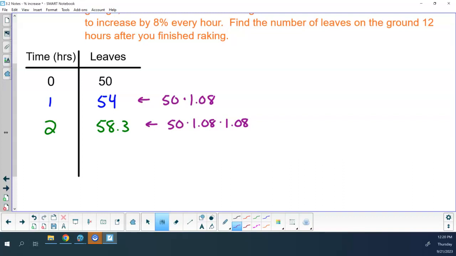You got 58, and I got 58.32. No, it did not. Okay. No, you're going up by 16% in 1 hour. Going up by 16% is not going up by 8% over 2 hours. So no, you cannot do it that way.